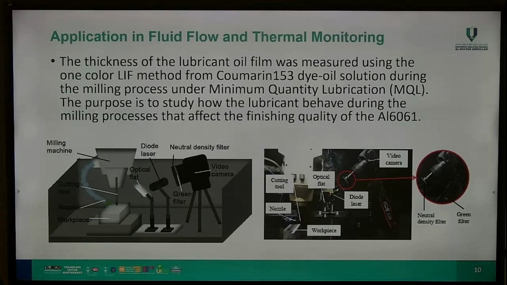By looking into the lubricant flow, we can relate what happened with the finishing quality of the workpiece. Is the better quality of the workpiece having larger or thinner lubricant thickness? Then we can relate the thickness with the surface quality.